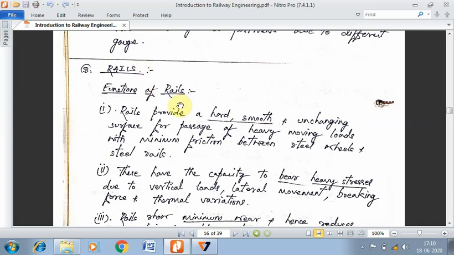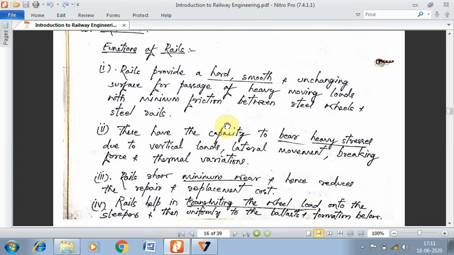So the function of the rail is to provide a hard, smooth and unchanging surface for passage of heavy moving loads with minimum friction between the steel wheels and the steel rails, right? They are also responsible to carry heavy loads, shocks, vibrations and a lot of lateral and vertical forces given by the vehicle moving on them.